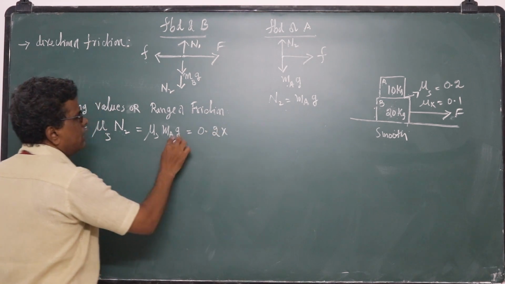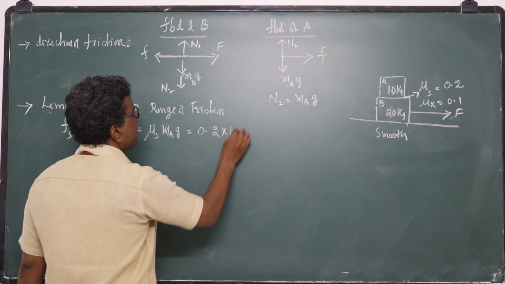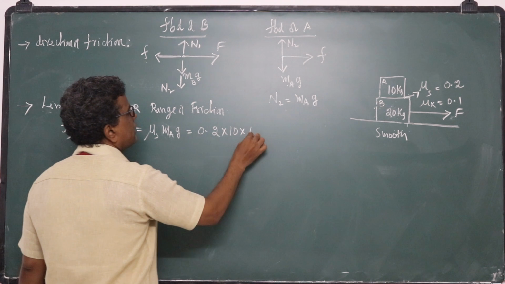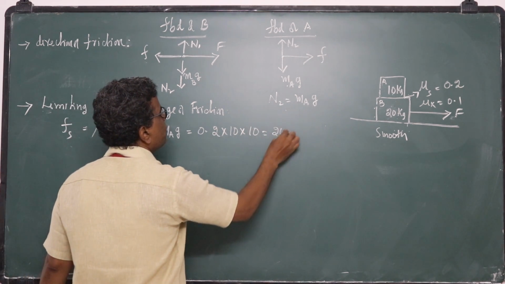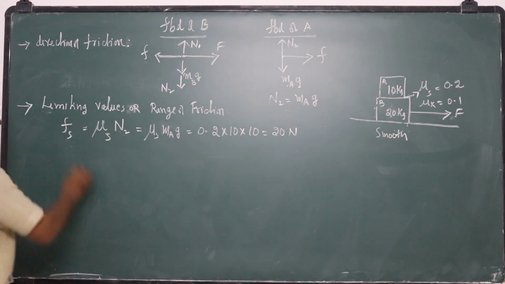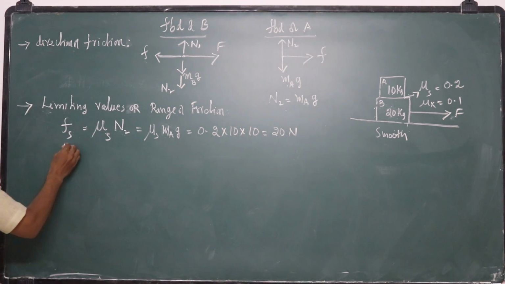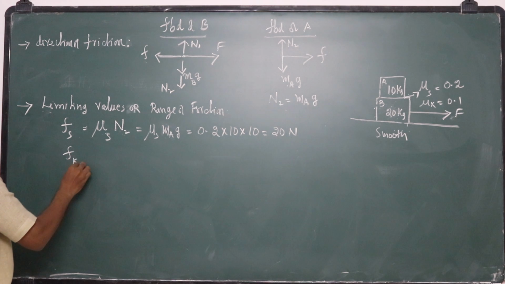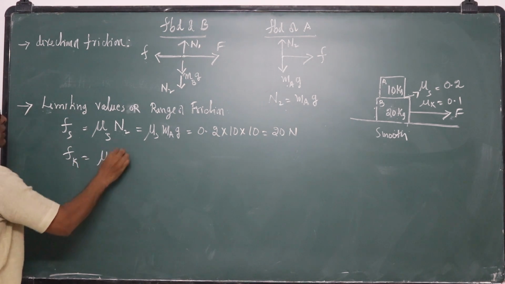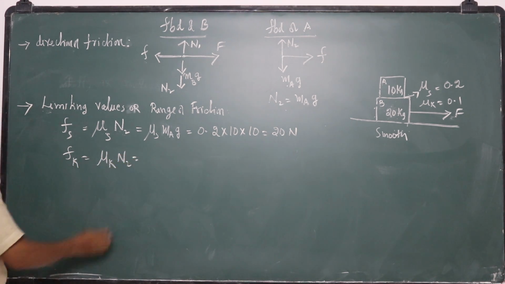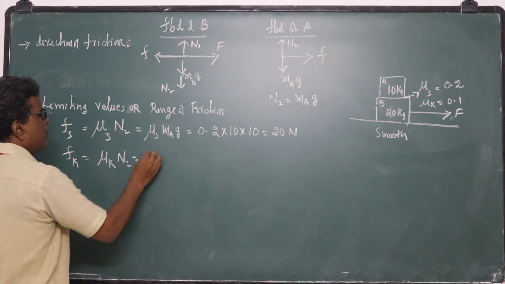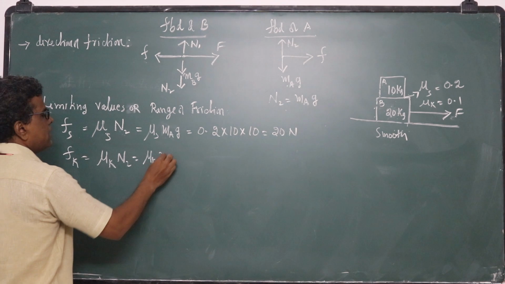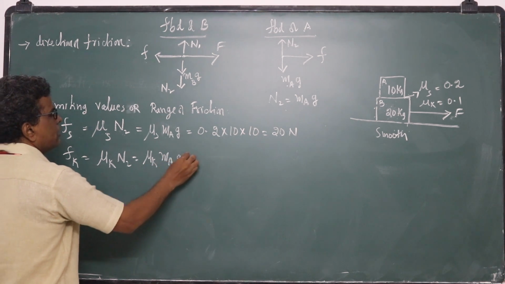Mu s is 0.2, mass of A is 10 kg, g is 10. So this is 0.2 into 10 into 10, which is 20 newtons. So the static frictional force is 20 newtons. Similarly, the kinetic frictional force is mu k N2, that is mu k MAG.